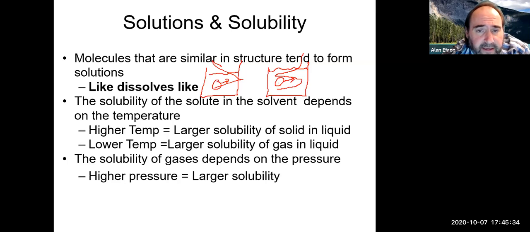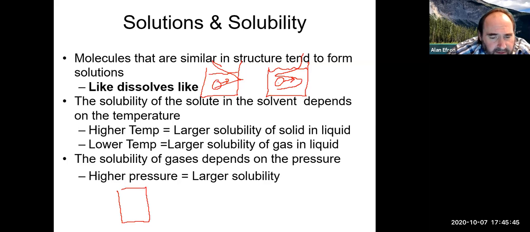Solubility of a gas does depend on pressure. At a higher pressure, we have a larger solubility of a gas, and that has to do with what we talked about with Boyle's law, P1V1 equals P2V2. As the pressure goes up, the volume goes down.